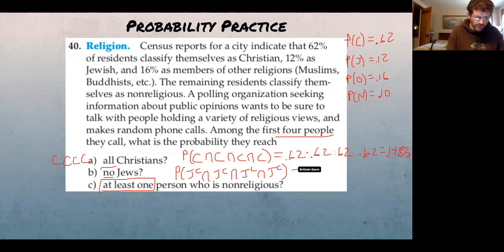Okay, so not being Jewish is going to be 1 minus 0.12, so 0.88. And I'll just do that to the 4th power. And there it is. I got this probability.